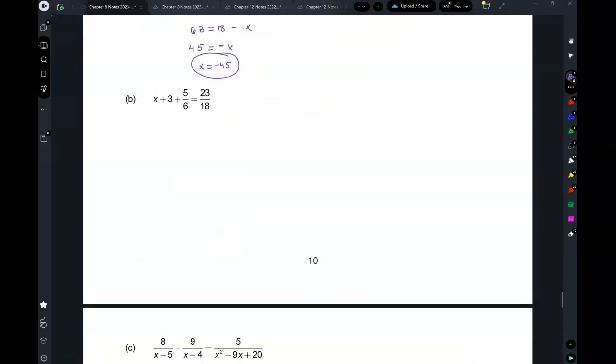All right, so take a look here. I have an x. This is over 1. This is over 1. So my denominators are 1, 1, 6, 18. Will there be any restrictions? No, because it's only when you have variables. So between the 1, the 6, and the 18, what will be the common denominator? 18.